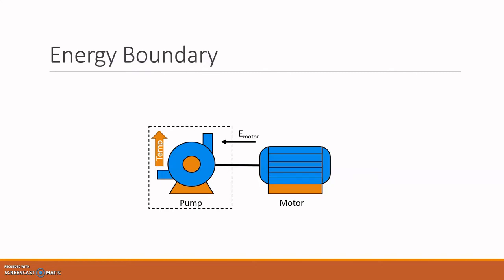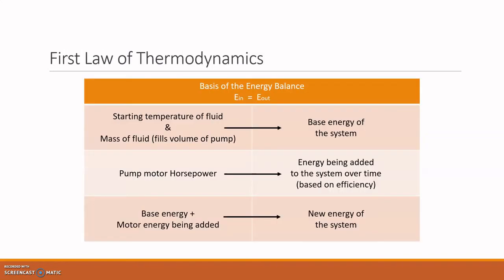So eventually the fluid will fill up the entire volume of the pump casing, not allowing any more to enter. Then when it gets spun around, most of the energy created by the motor is added to the fluid, and to counteract that, the fluid will begin to rise in temperature.